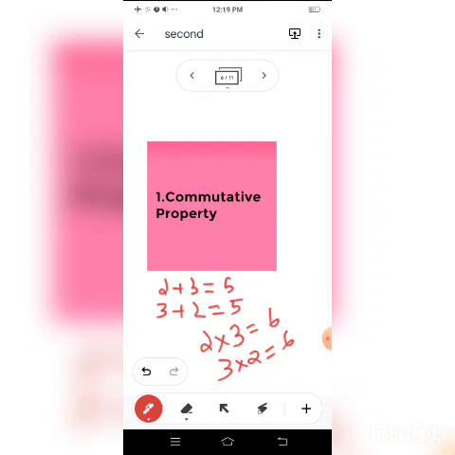So for every A, B belonging to R, A plus B equals B plus A and AB equals BA. This is called the commutative property. So a field must satisfy the commutative property of addition as well as multiplication.